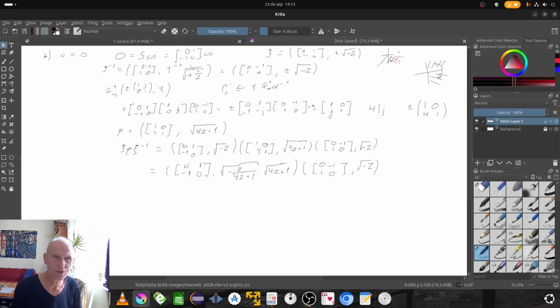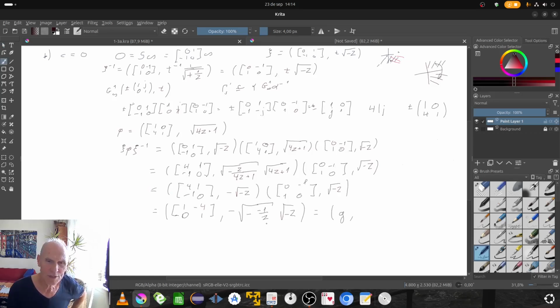I believe it's just changing sign, so let's assume that. This lies in h, so this is below the real axis, so the square root is over here. And the square root of minus z is over here as well, meaning the product lies here.